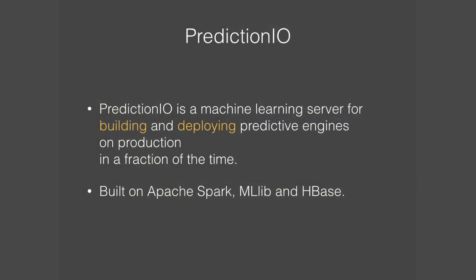So again, the goal of PredictionIO is focusing on building and deploying machine learning applications in production. And what's great about the open source stack is that if you install PredictionIO with one line of command, you get Apache Spark, you get HBase, you get Elasticsearch, all completely available with one single line of installation.